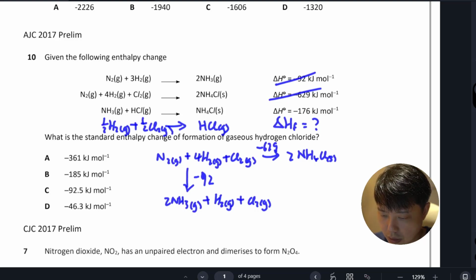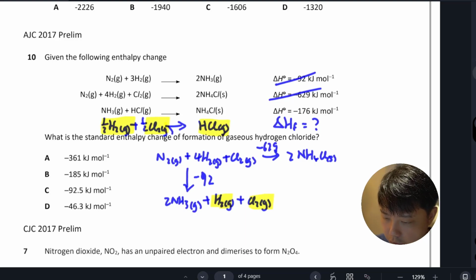Then next, what can we do? We can use 2 ammonia and, okay, so the next thing will be we are using our hydrogen gas and chlorine gas straight away to form your HCl.